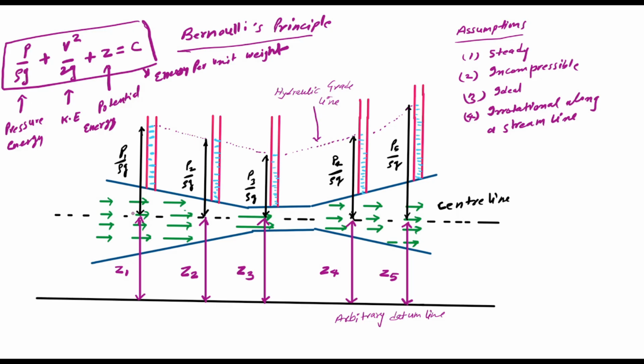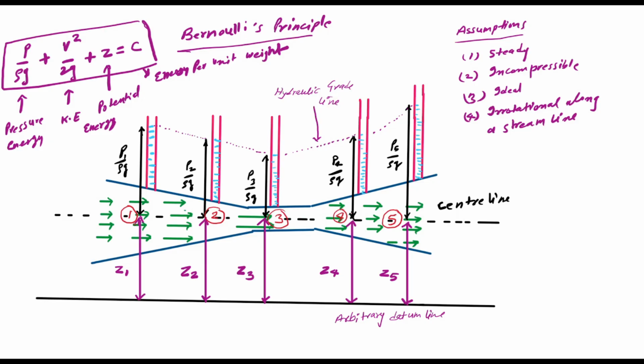Energy at a point. Here I am using a different color so that we can understand easily. For example, this is a converging diverging tube, right? So this is the flow field. The fluid is coming inside; here it is a liquid, we can say water, for example.